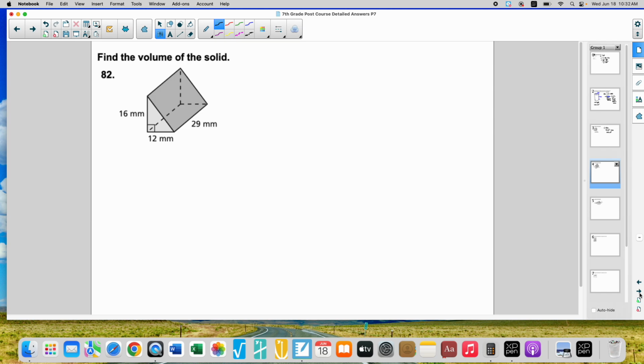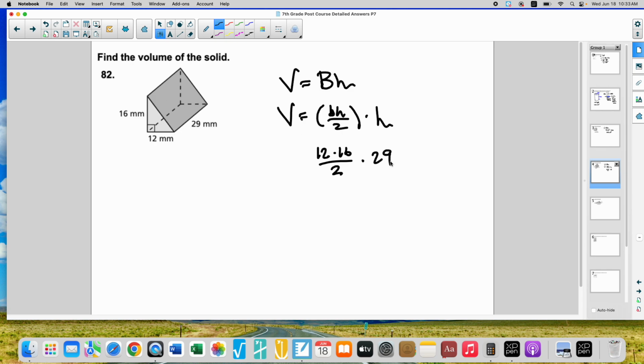Find the volume. This time they don't give you the base area, but again it's a two-base figure, so volume equals big B times H. The base shape is a triangle, so we have base times height divided by 2, times the height of the object. This is the height of the base. This is the height of the object. So base is 12, height is 16, divided by 2, times the height, which is the distance between the two bases, 29.